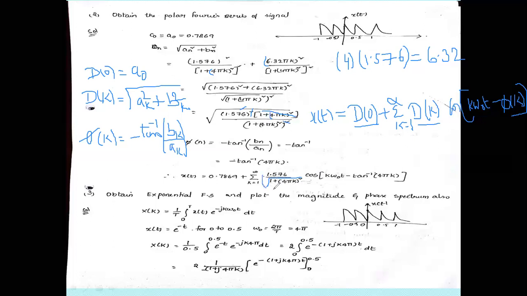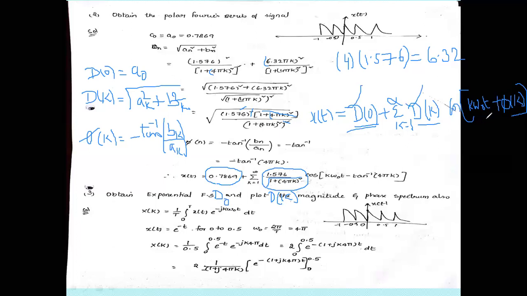This is d of k. This total term is d of k. And this term is d of 0, nothing but a of 0. So d of 0 we got, and d of k we got, into cos k omega naught t minus tan inverse 4 pi k. How did we get this tan inverse 4 pi k? See, the phi of n is equal to phi of n.